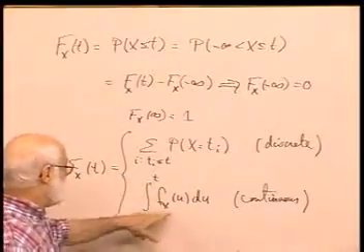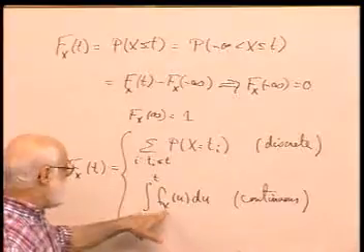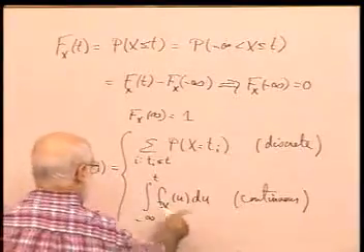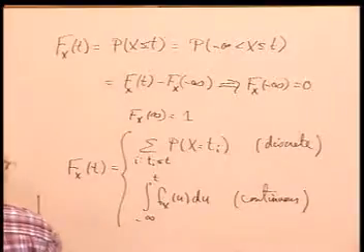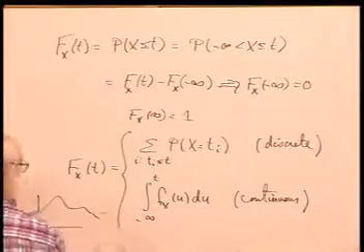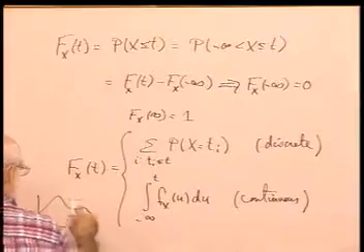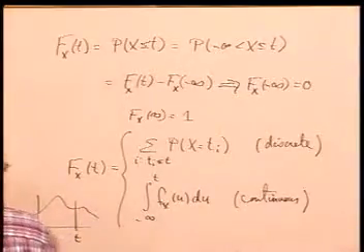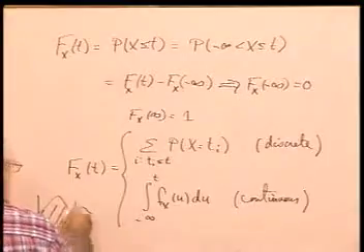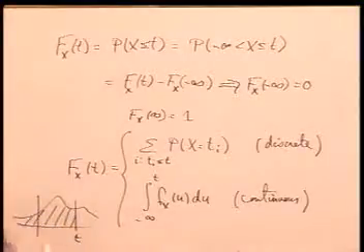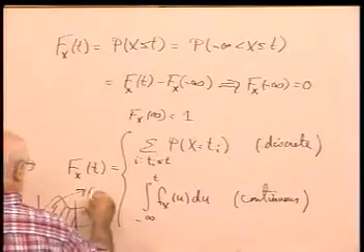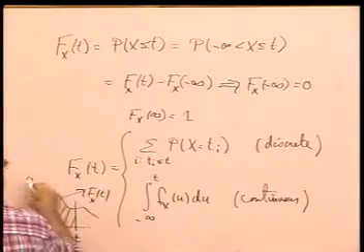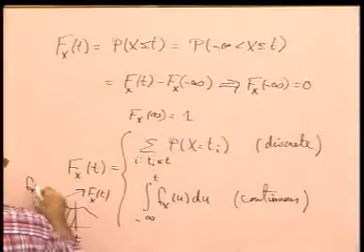What this says is add up or take the area to the left of t. So in this case, I've got this curve which represents the density function, and here's a value t, and capital F of t is the area to the left of t. So this area is capital F of t, and the curve itself is lowercase f of u.